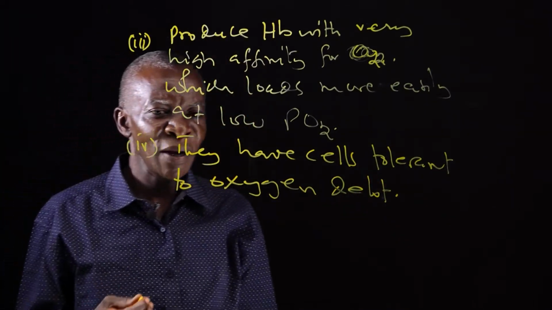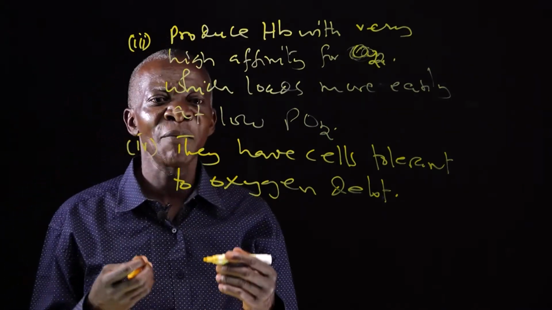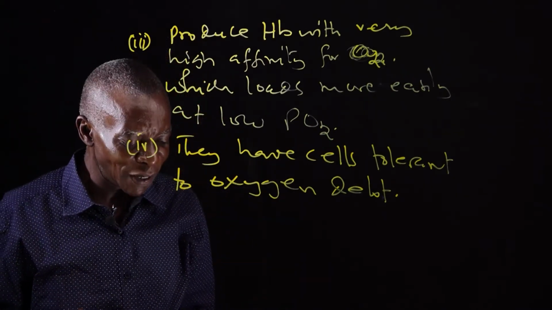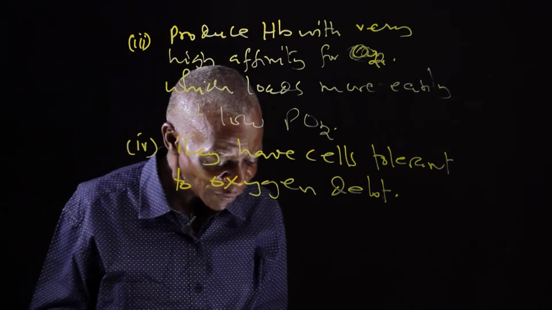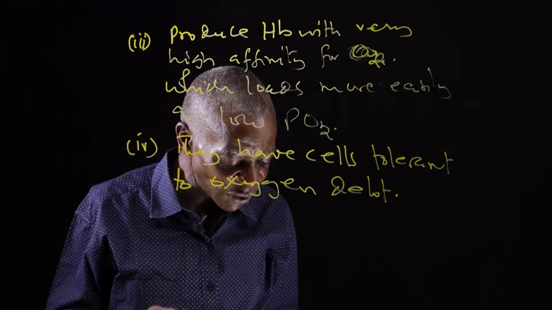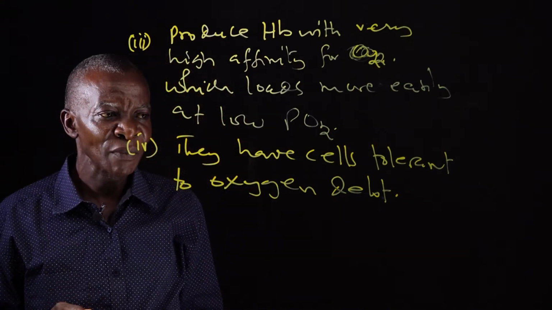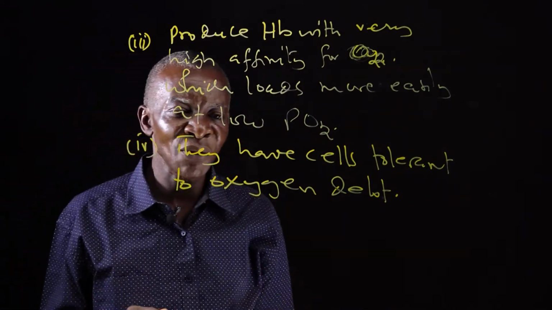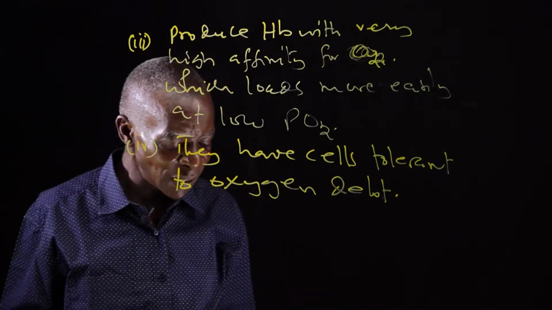You can remember what oxygen debt is from your form 2 gaseous exchange and respiration, meaning that their cells are capable of tolerating high concentrations of lactic acid for a long time without being damaged.